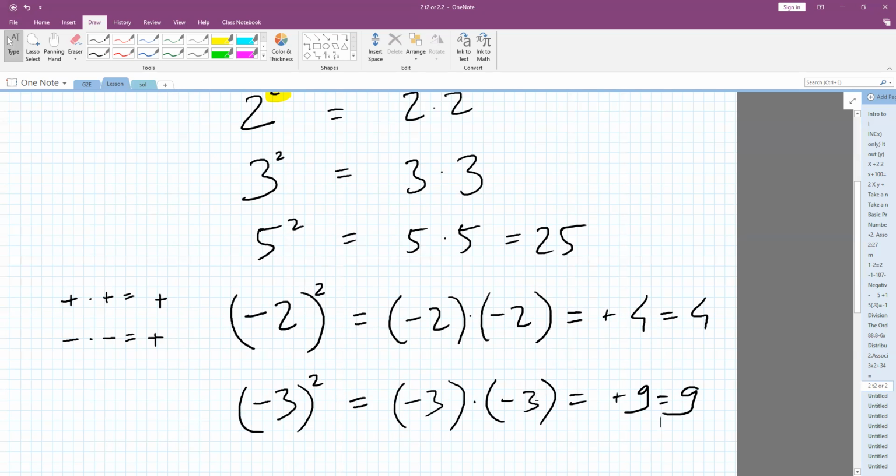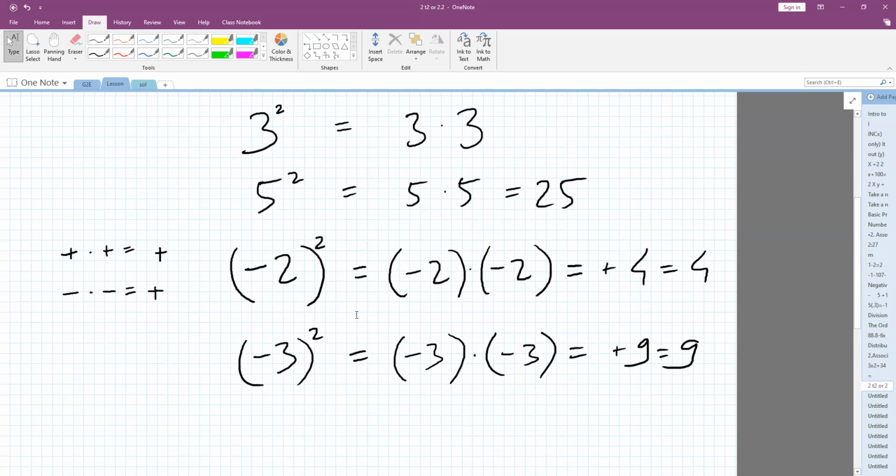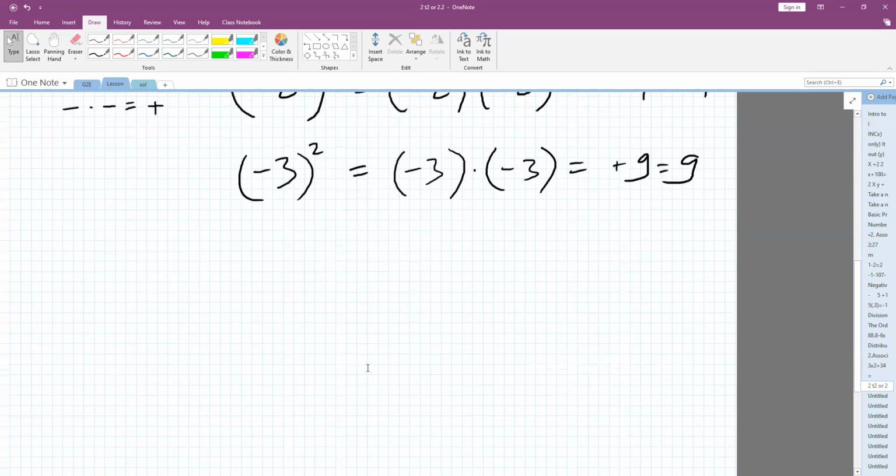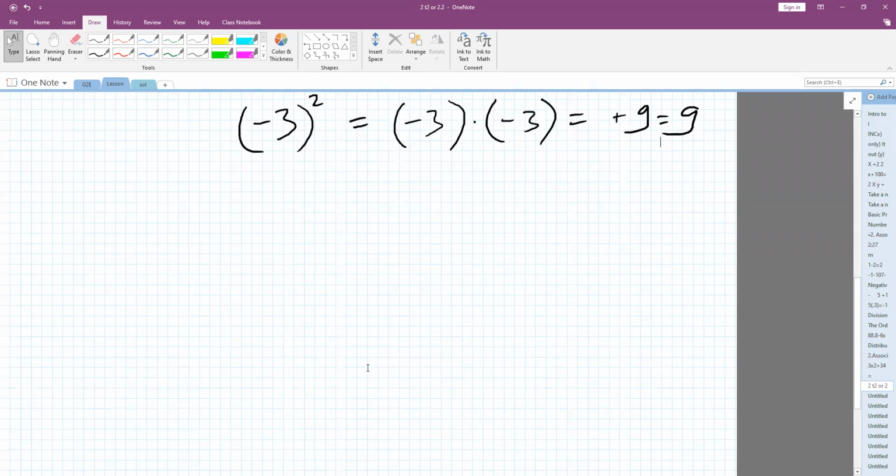When you have to the power of 2 like this, you can also say minus 3 square, minus 2 square, 5 square. If you have that little 2 up there, that means just multiply the number with itself, with the same number.